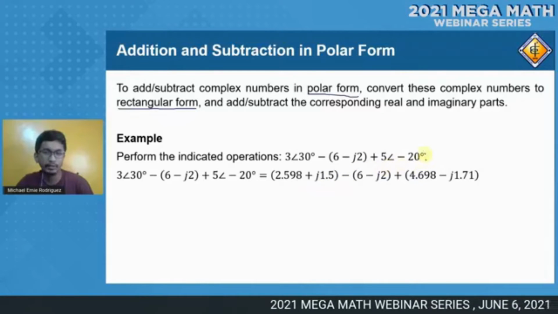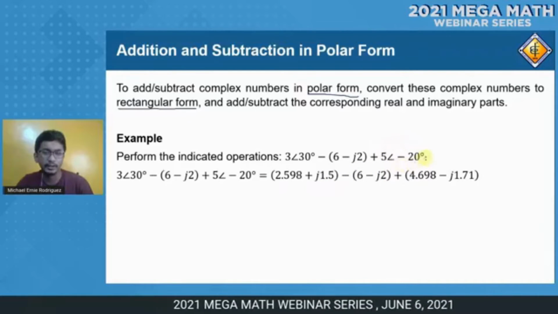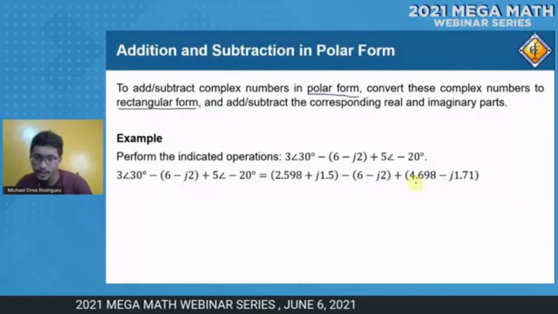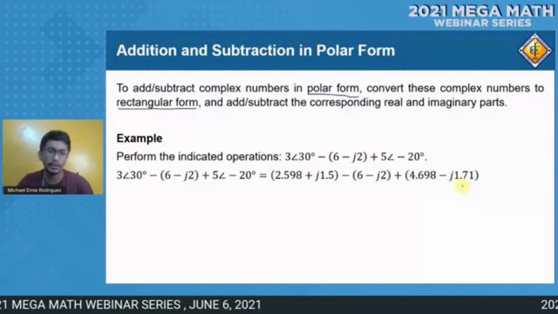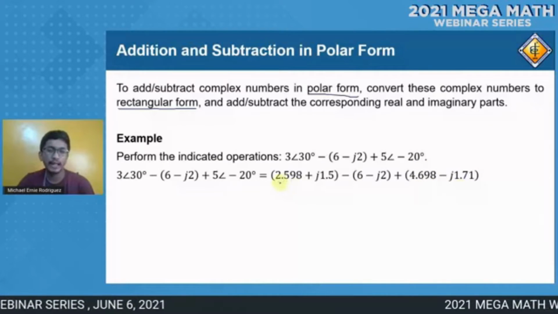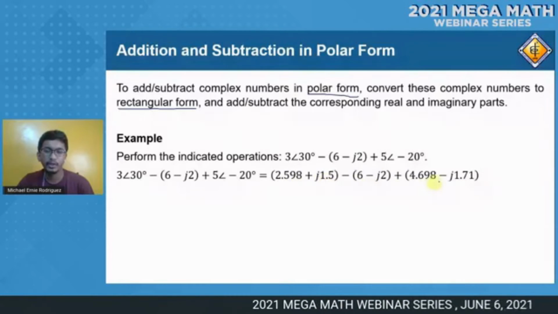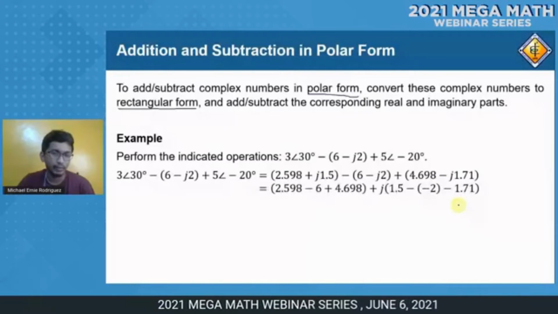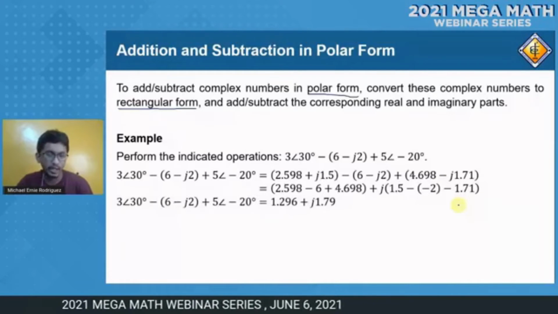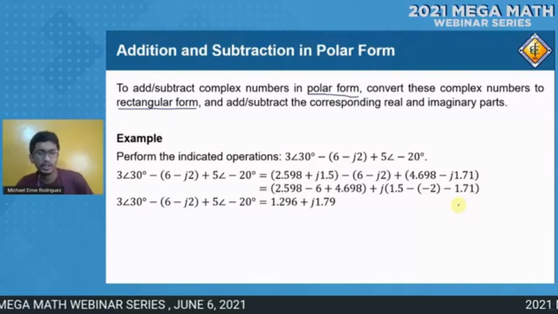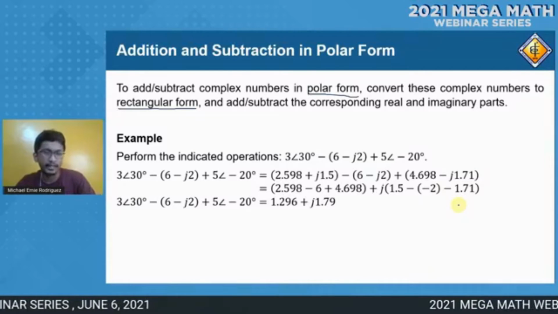And then we convert 5 angle negative 20, that is 4.698 minus J1.71. So we add real part to real part and imaginary to imaginary parts. We get the answer 1.296 plus J1.79.